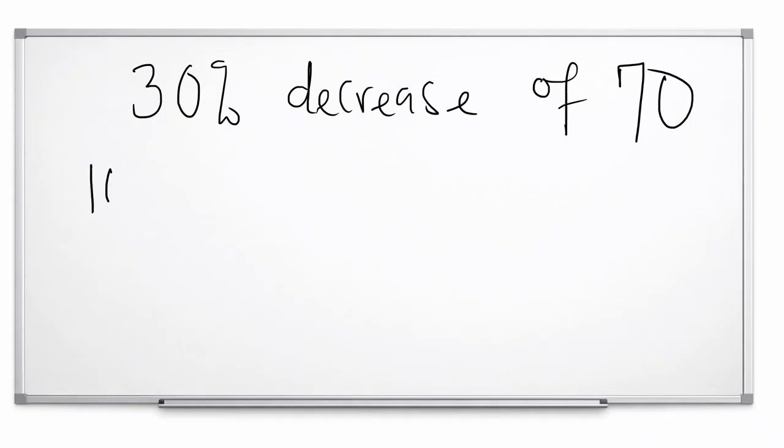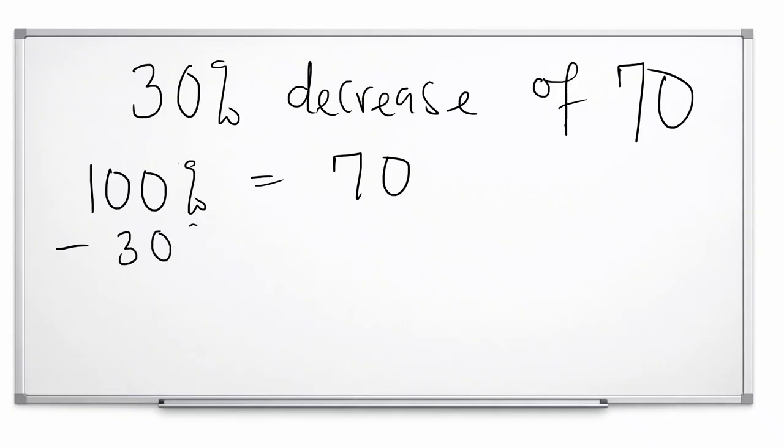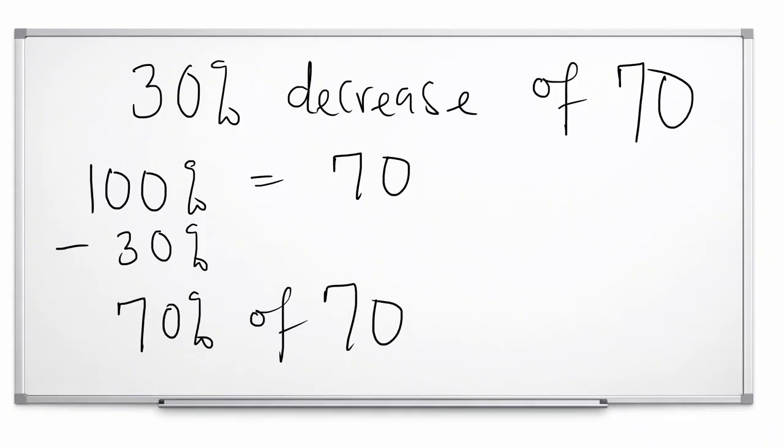Or alternatively, 100% of 70 is still going to be 70. To get the 30% decrease, it means 100 minus 30 is 70%. That is, you are interested in getting 70% of 70.